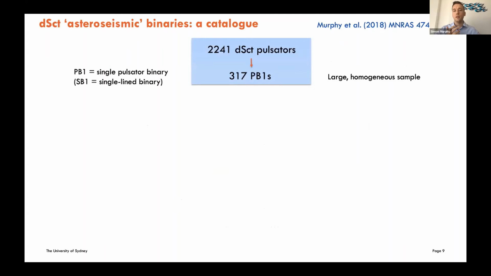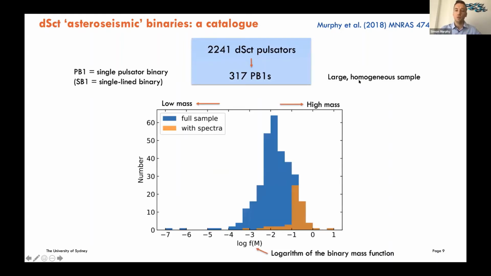There are around 2,200 delta Scuti pulsators observed by Kepler, and from those we found 317 PB1s. This was in analogy to the SB1s of spectroscopy, the single line binaries. These were published in a catalogue in 2018, and they give us a large homogeneous sample on which to do some statistics.